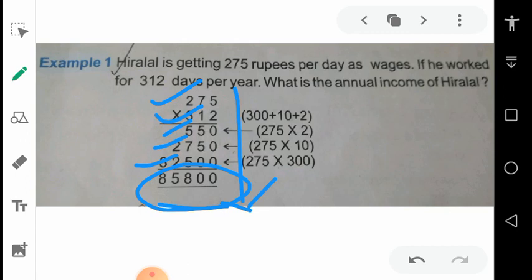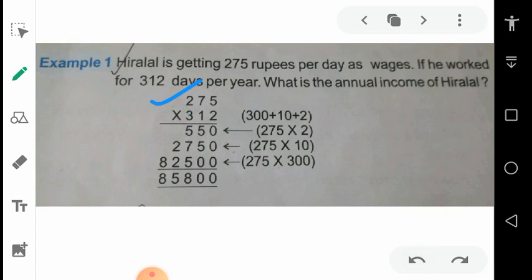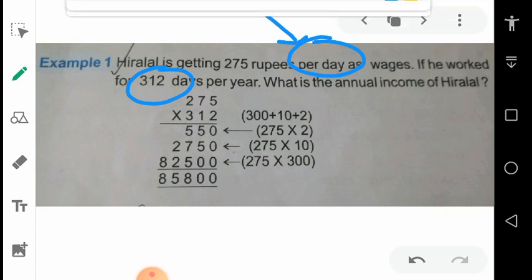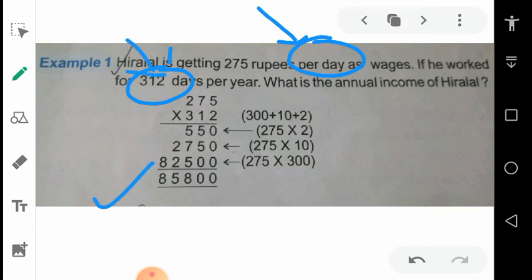As I told you, if the cost or something else is given for one thing and it is asked for many things, then multiply. Here the amount is given per day, meaning 1 day, and asked for 312 days, so given for one and asked for many, it is the case of multiplication.